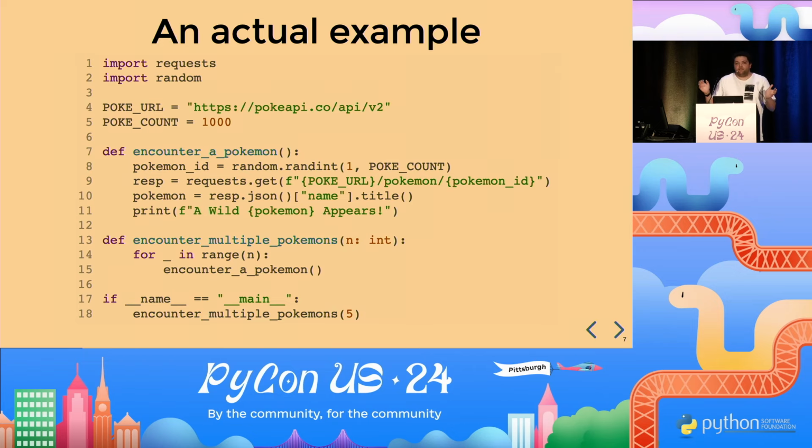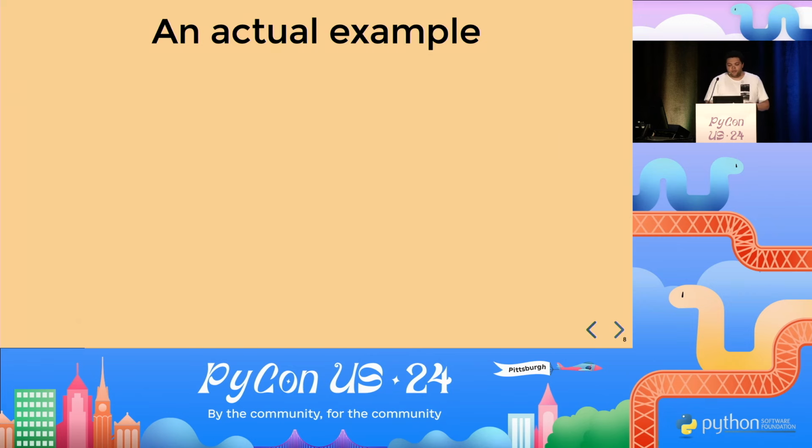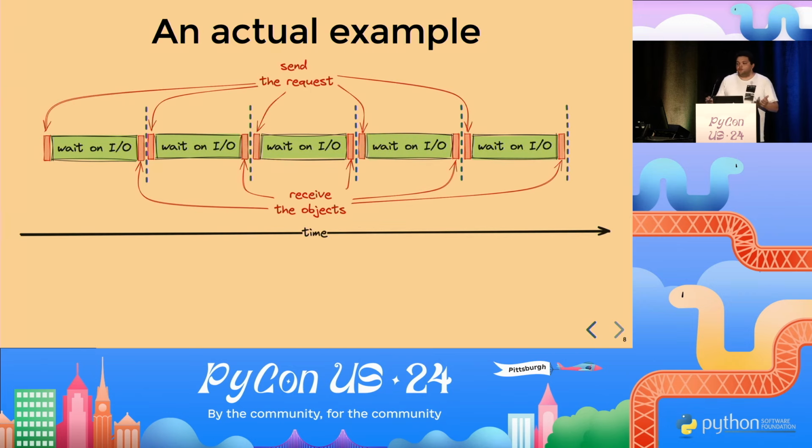Then I will just have a loop through 5 iterations in this example and fetch one Pokemon by one Pokemon. What this gives is an execution graph like this. First we start by sending the request, then we wait on the I/O, waiting for the server to send us an actual Pokemon, and then we receive the object. And we'll repeat that 5 times to actually get our 5 Pokemon.